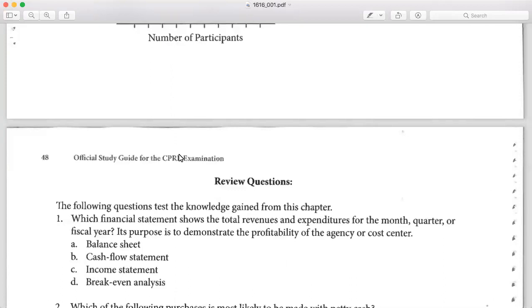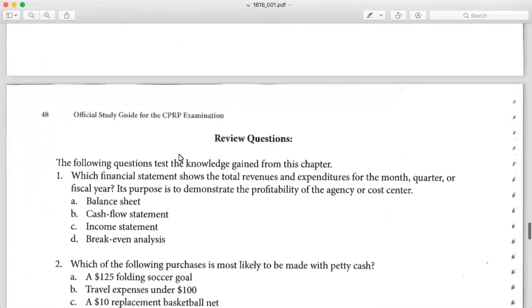Its purpose is to demonstrate the profitability of the agency or cost center. Okay, everybody's saying C, and that is correct. It is the income statement. We just covered it.